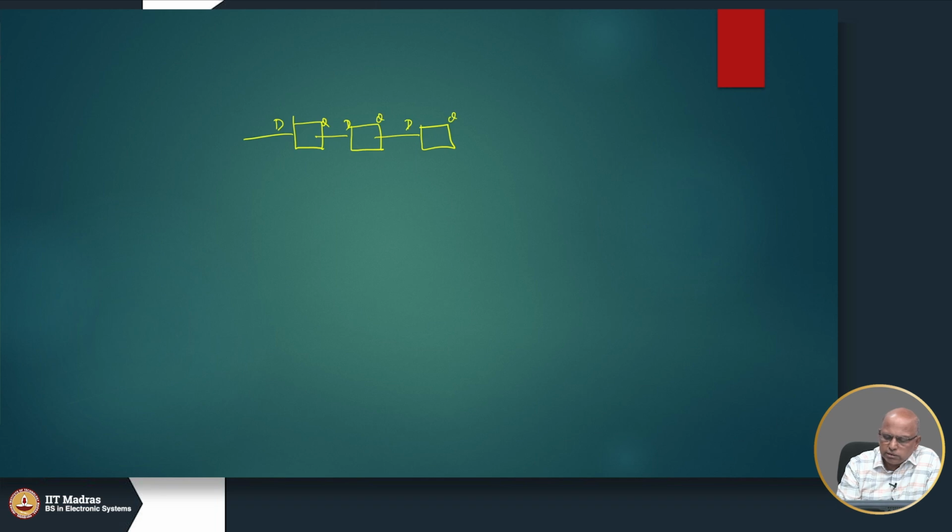I have taken a 3-bit LFSR. As you remember, in a 3-bit LFSR we take the outputs of some of the flip flops in the shift register, take them through an XOR gate and feed it back.